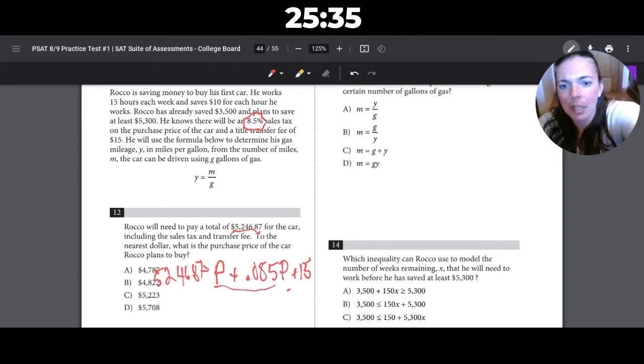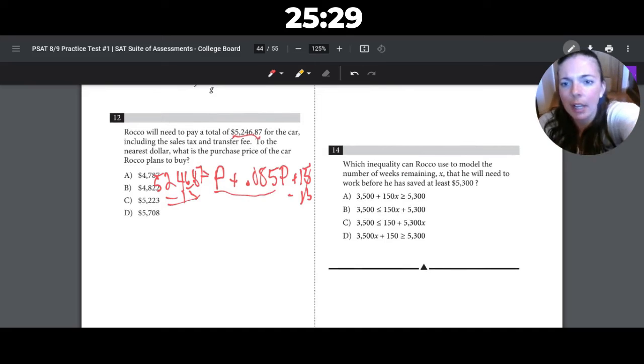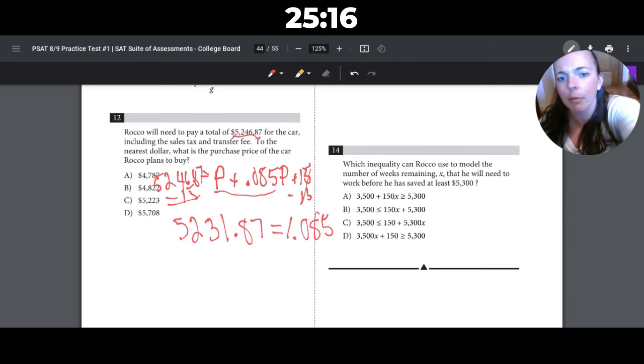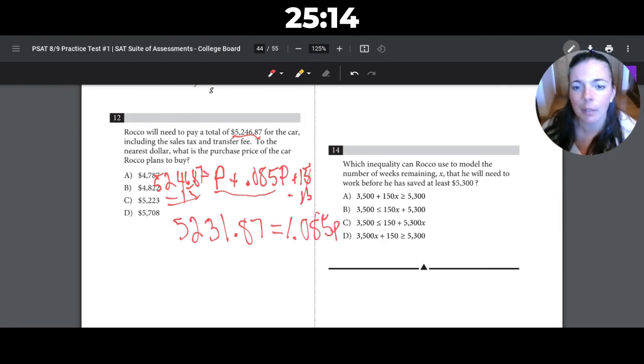So let's clean this up a little bit. Let's combine some like terms and subtract the 15 from both sides. When we subtract the 15 from both sides, we get $5,231.87 has to equal P plus 0.085P, which would be 1.085P.